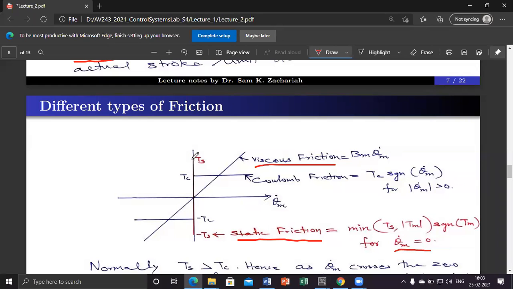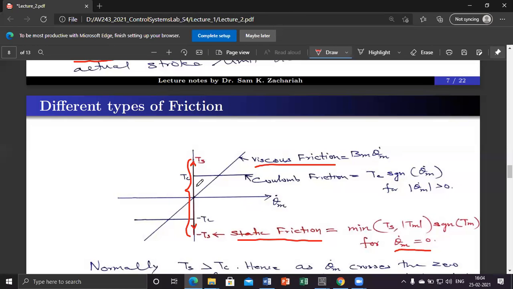The stiction is represented by this line from plus Ts to minus Ts, but it can stay anywhere on this line. The actual value depends on what torque you are applying.